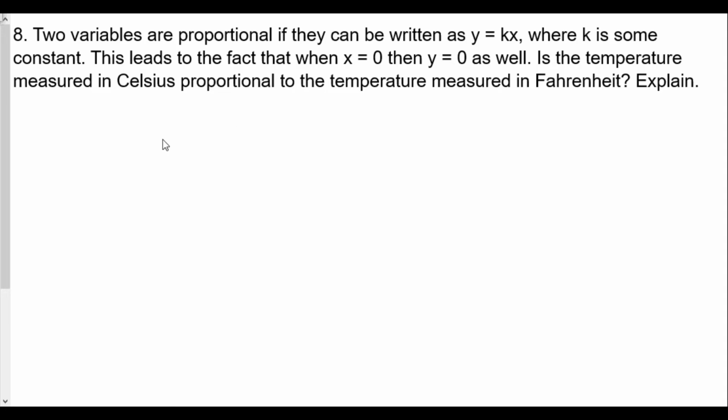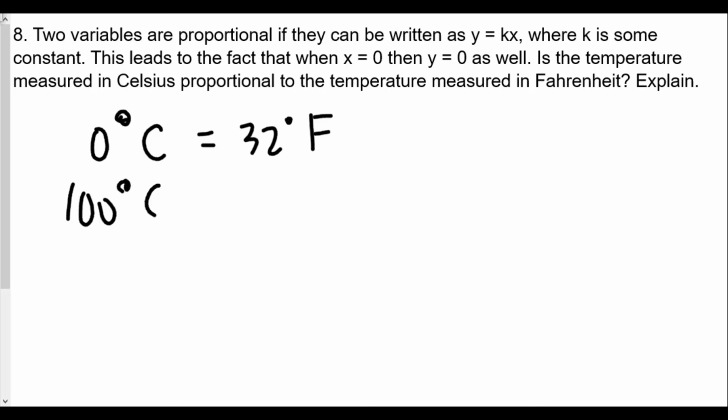And we would say in this case, based upon this idea, that 0 degrees Celsius is the same temperature as 32 degrees Fahrenheit. And we also know that 100 degrees Celsius equals 212 degrees Fahrenheit.